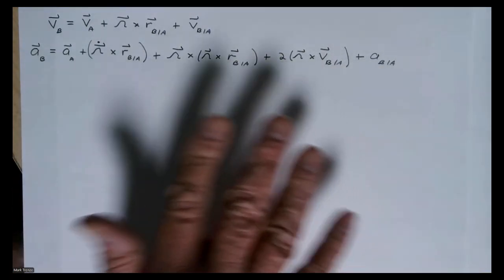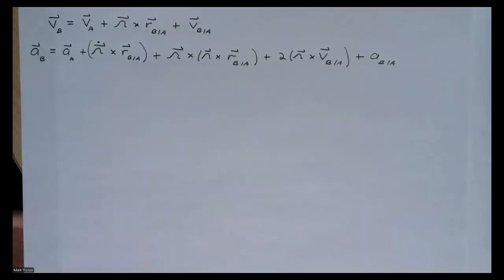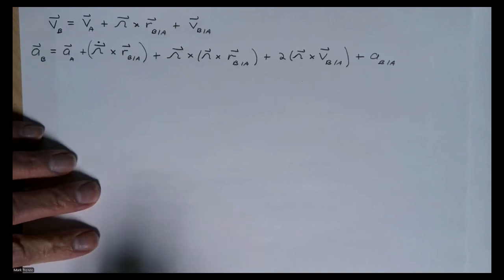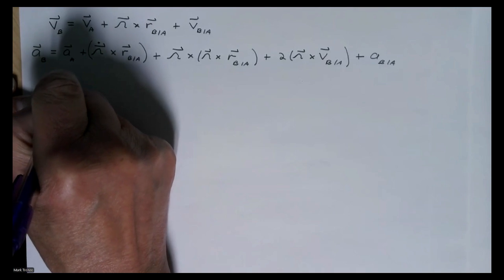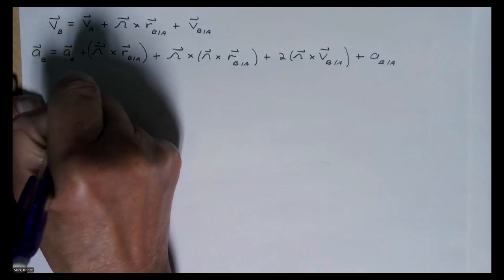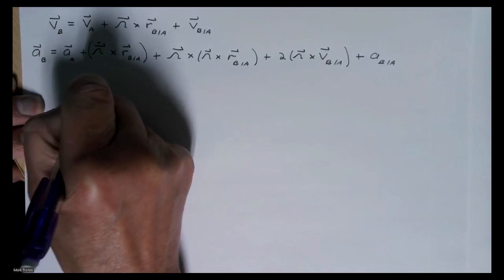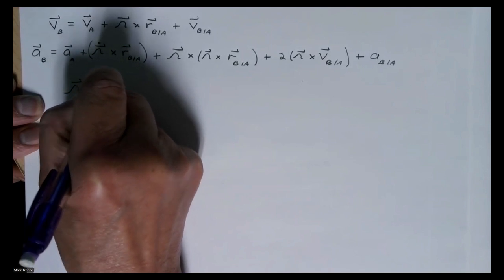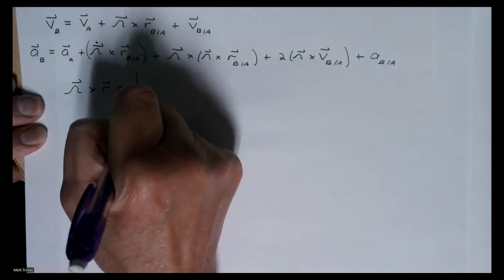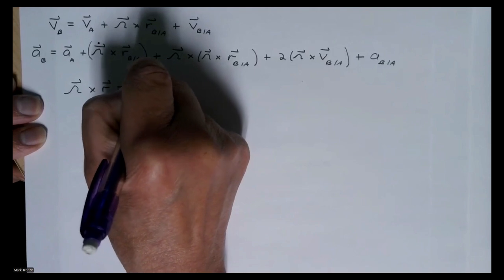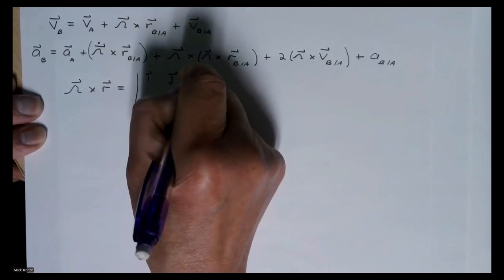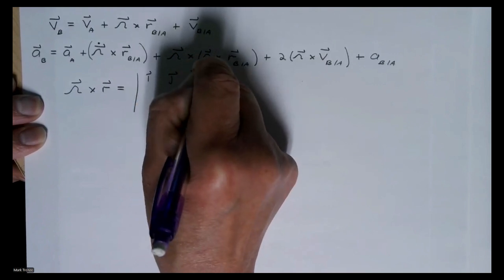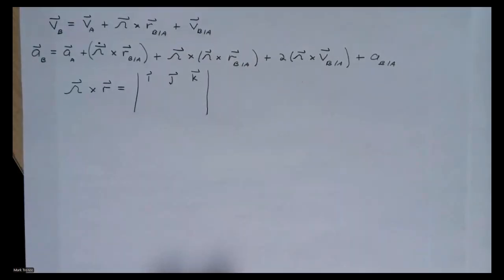So we have everything. Now it's just a matter of substituting things in. And let's go ahead and do some of this. Let me do the cross product. I think I'll just show one or two of the cross products and then skip ahead on the video so you don't have to sit there and watch it.